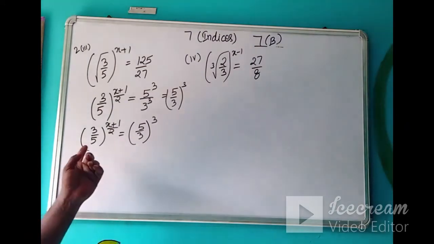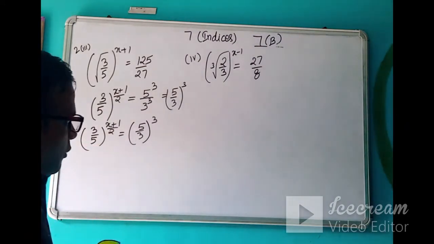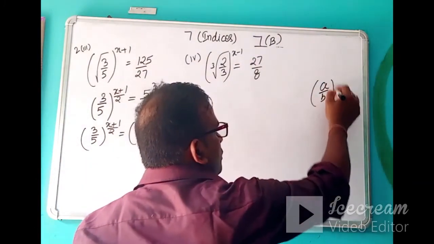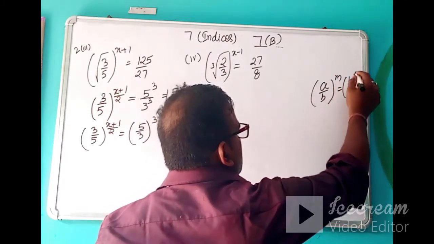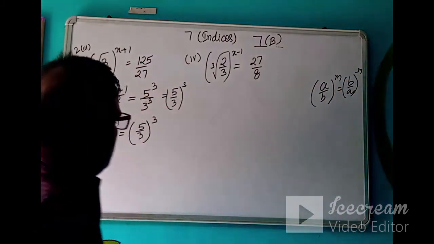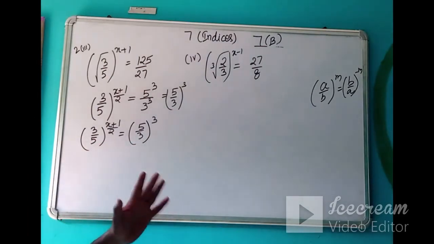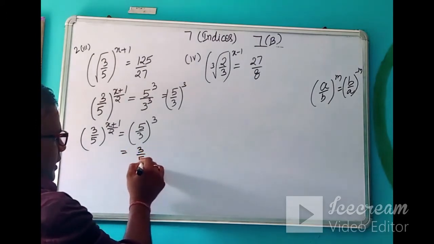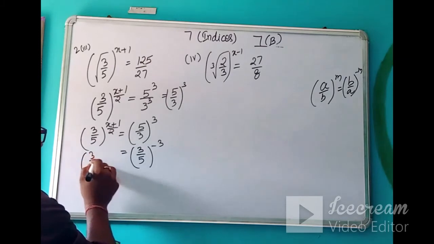Now see the base, it is 3 upon 5 and it is 5 upon 3. Again bases are not same. So what we will do? We will take the reciprocal using this relation that we have studied. So we will make it 3 upon 5 or you can make it 5 upon 3, whatever you want. So it becomes 3 upon 5 and this power becomes negative.